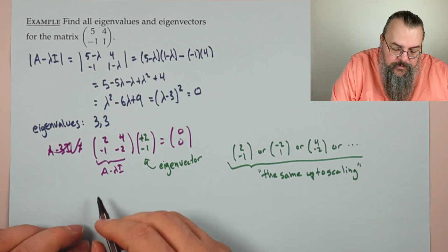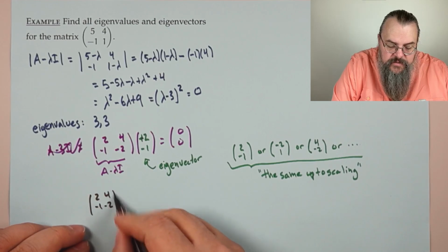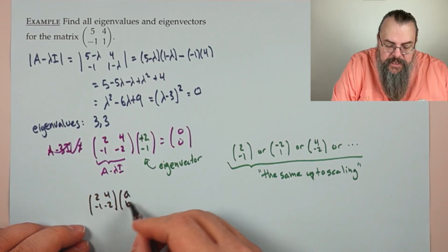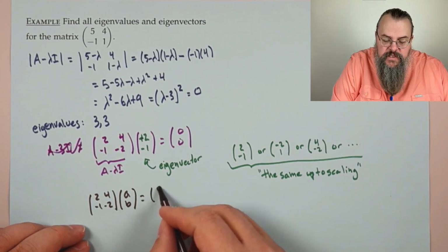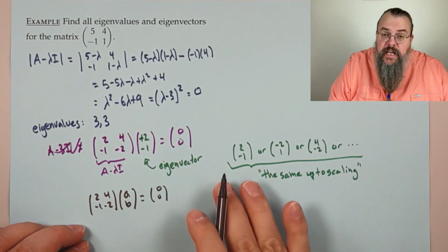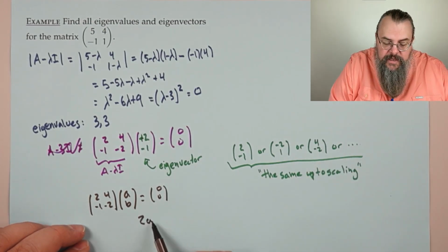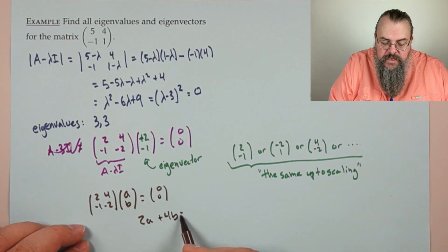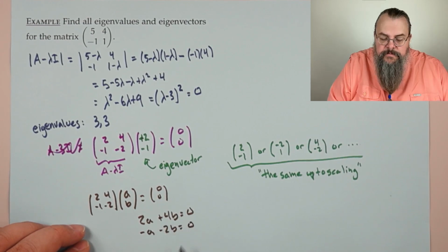So let's do it by saying, suppose we have 2, 4, minus 1, minus 2 times a, b. And we want this to be 0, 0. Let's just see if we can figure out anything else. Well, this would tell us 2a plus 4b equals 0. And then this would tell us minus a minus 2b equals 0.